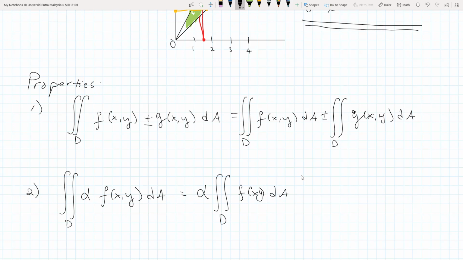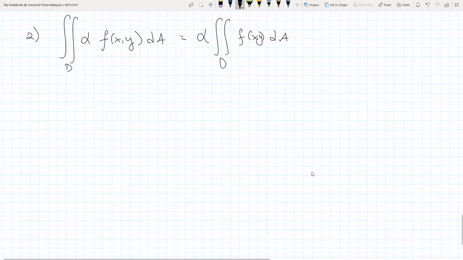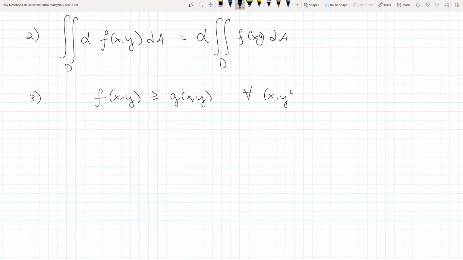Okay. So yang ni awak dah belajar sebelum ni, properties of linear operation. Number 3, if you have the surface fxy equation is bigger than gxy for all xy in D region, maksudnya apa?